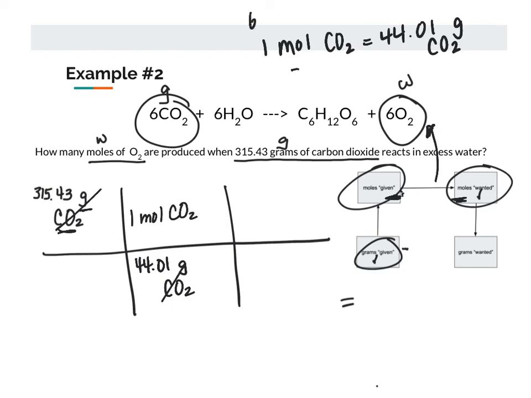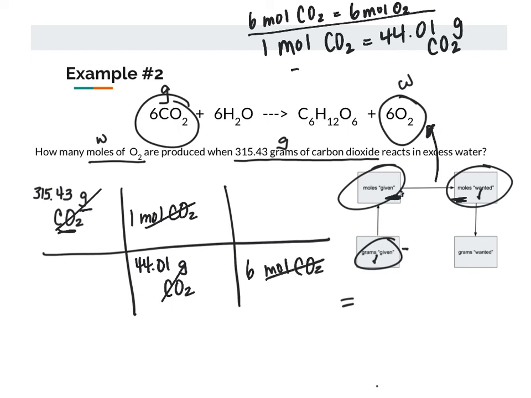It says that 6 moles of CO2 is equal to 6 moles of O2. I'm going to determine which one goes where in this last column. Since I have moles of CO2 here, I need to have moles of CO2 here, and then my moles of O2 would go up top.